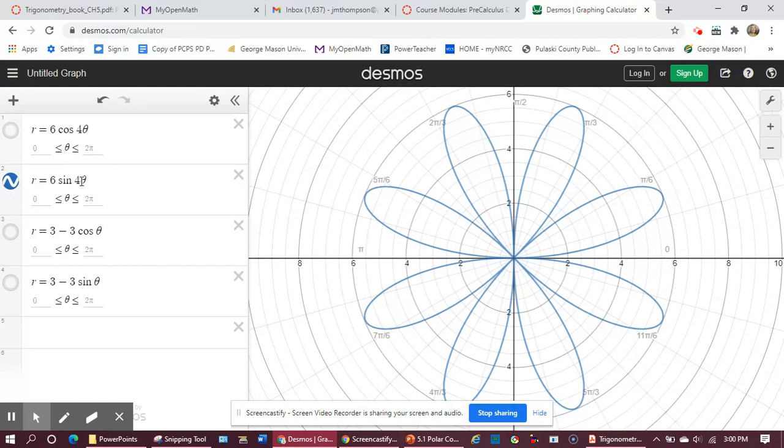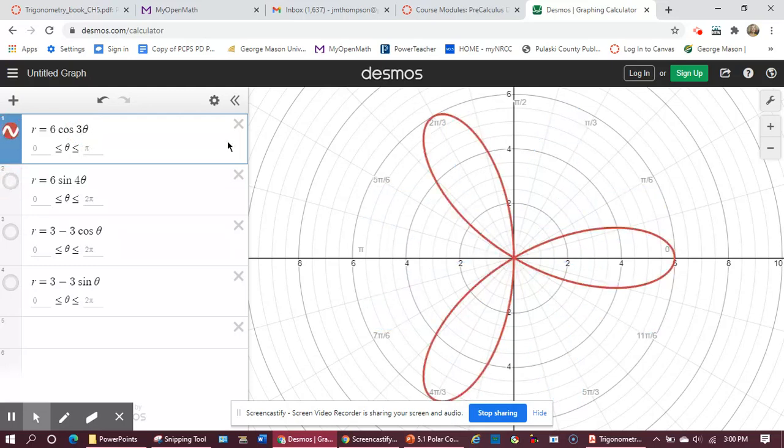All right, so if you have an even coefficient of theta, then you've got a rose such that the number of petals is 2 times the coefficient. All right, so then you could have a 3 here. Let's try that. So if I have a 3 there, notice 3 is an odd number.